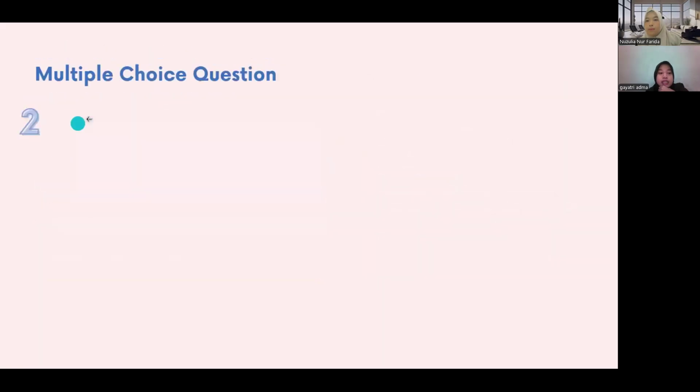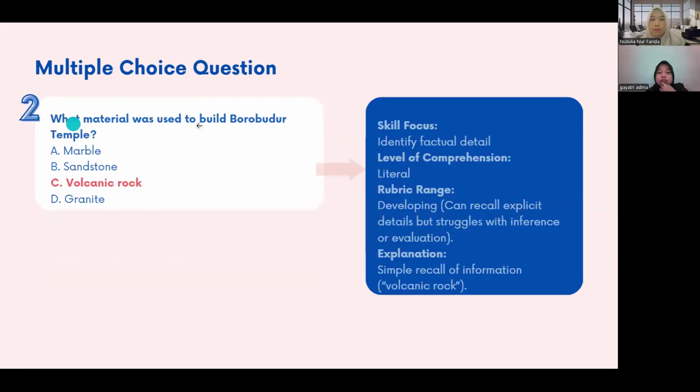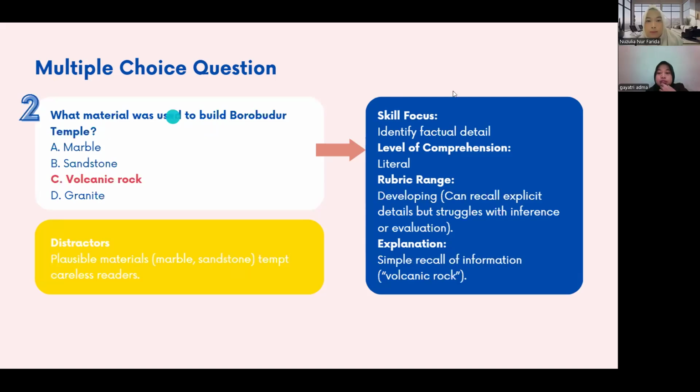And then the second question is, what material was used to build Borobudur Temple? Actually, the students can find the answer directly because it's stated in the text, so it assesses the literal comprehension level of the students.